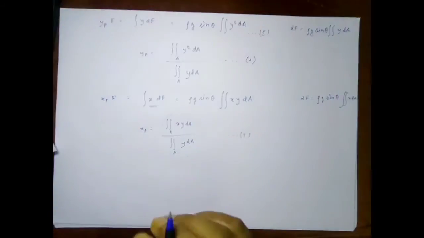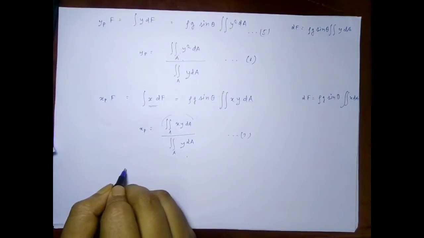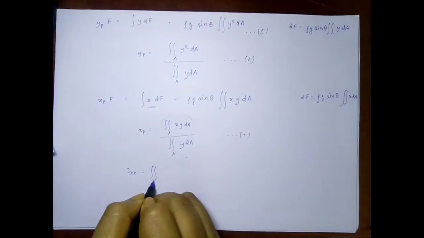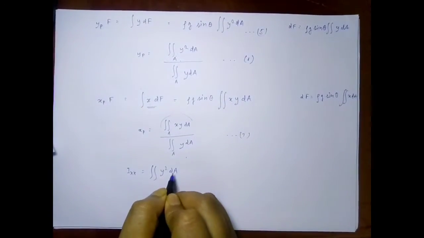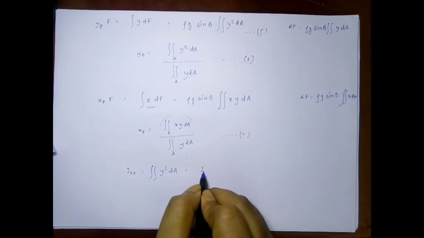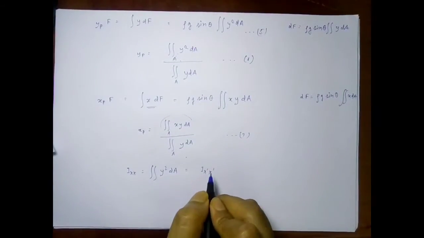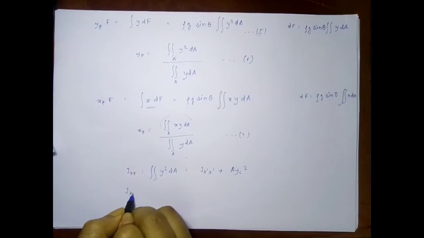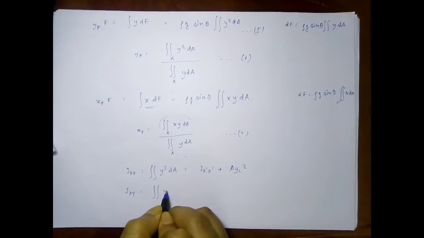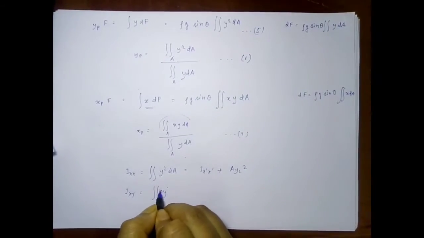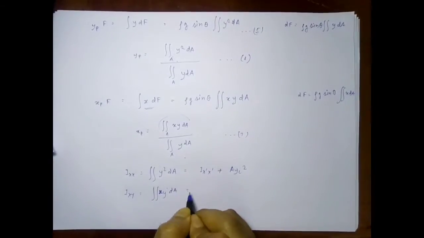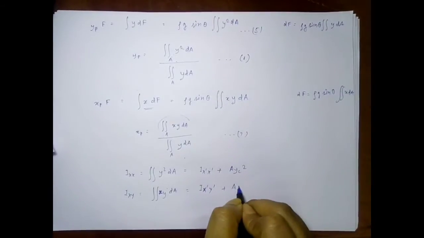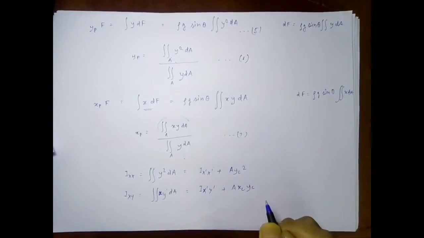So by applying the parallel axis theorem, which we shall be knowing, Ixx will be equal to the double integral of y square dA, which will be equal to Ix dash plus A yc square, and Ixy will be the double integral of xy dA, and that will be equal to Ix dash y dash plus A xc yc.